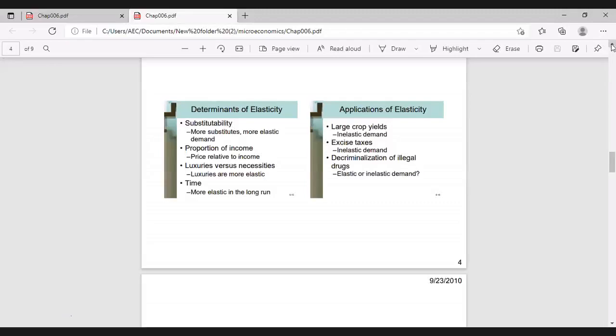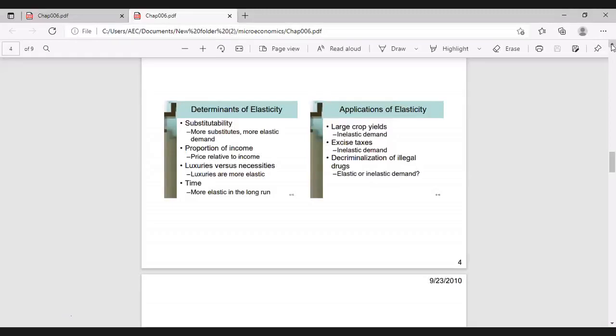If the mutton price increases, the consumer, for a week or a month, will not reduce the purchase of mutton. They always prefer mutton to chicken.